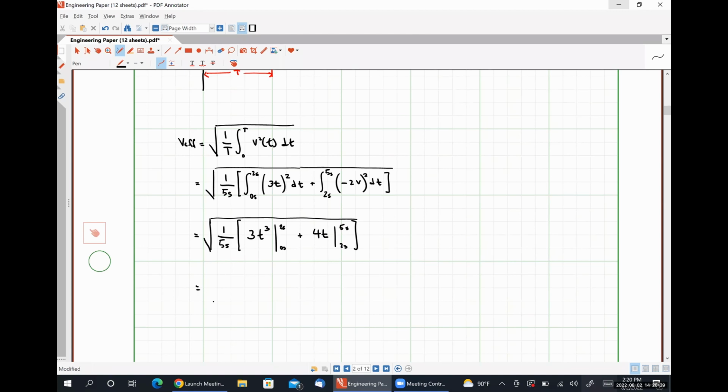And so we're going to have 1 over 5 seconds times 3 times t cubed. So 3 times 2 cubed minus 3 times 0 cubed.